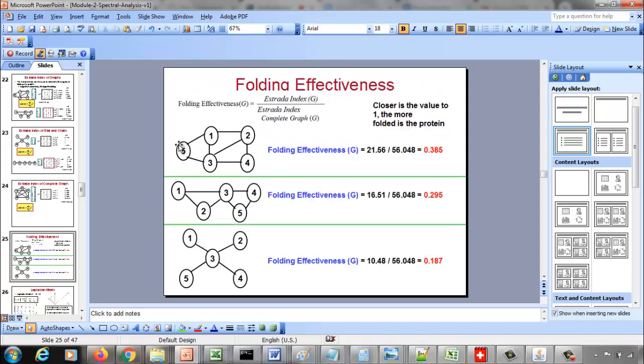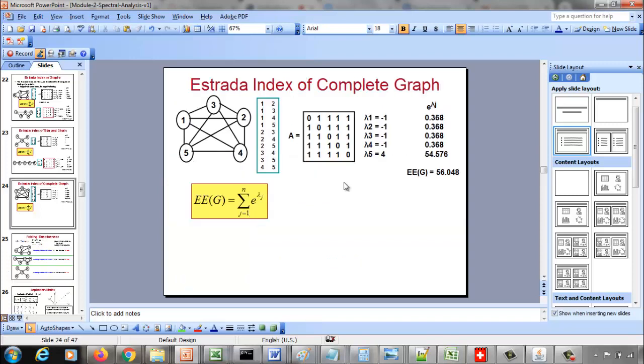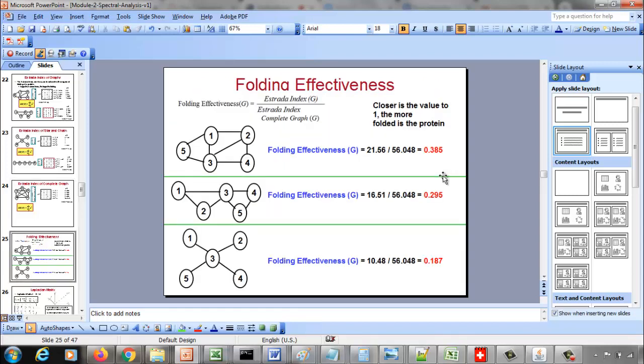So that means the ratio will be 1, because 56.048, the Estrada index for your graph, divided by the Estrada index for a complete graph of the same number of vertices is going to be the same value, so it's going to be 1. So that's what you would expect, the best possible folding effectiveness. But for any real world graph like this, you cannot expect everything to be completely folded like that. You will get some ratios less than 1, and those are these numbers.